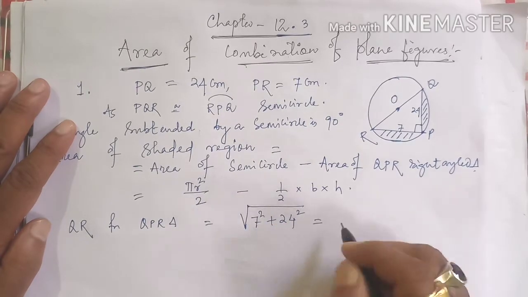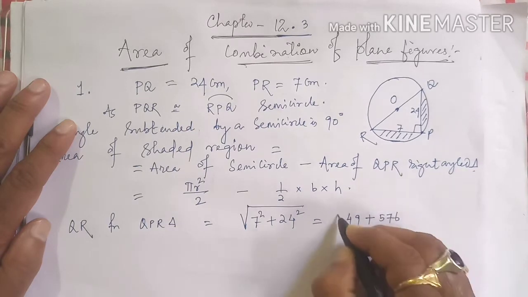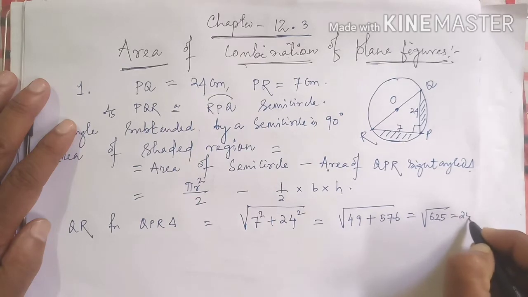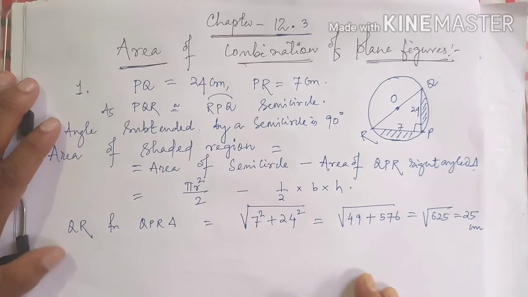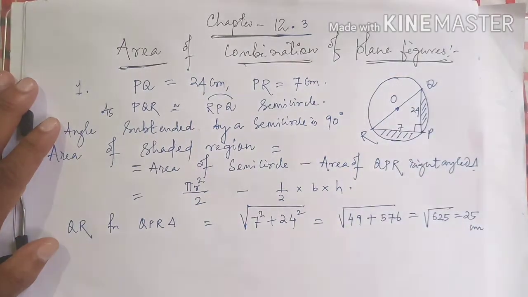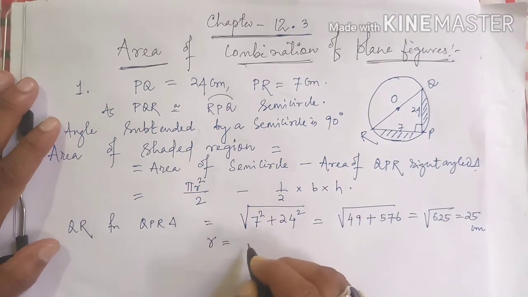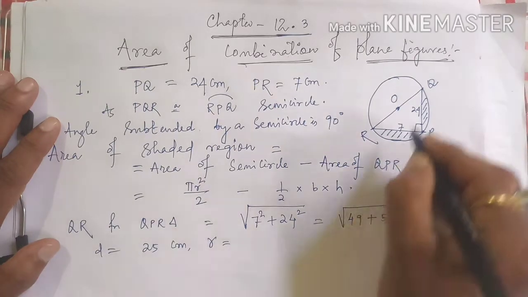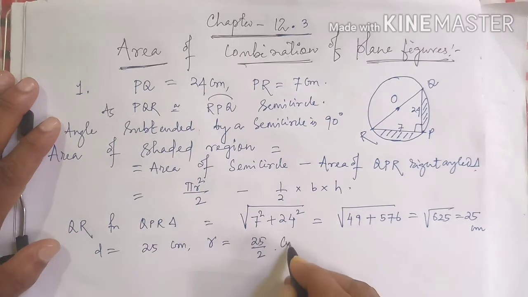This is equal to root over 49 plus 576, which is root 625, and that is 25 centimeter. So QR equals 25. As QR is 25, the diameter is 25, that means the radius is equal to 25 by 2 centimeter.